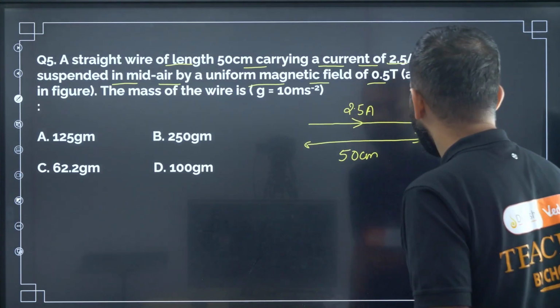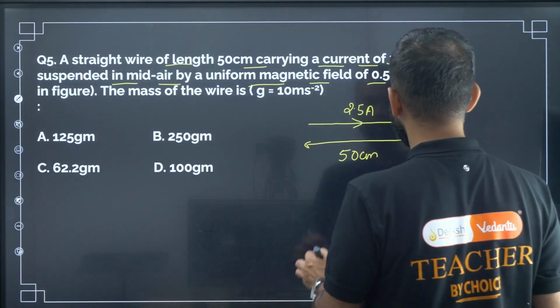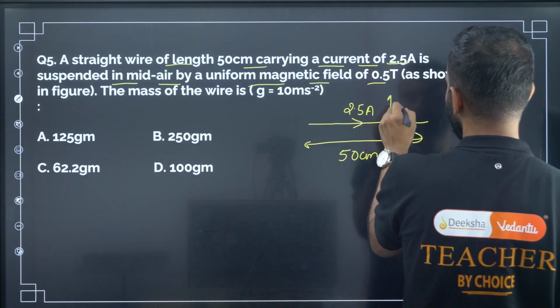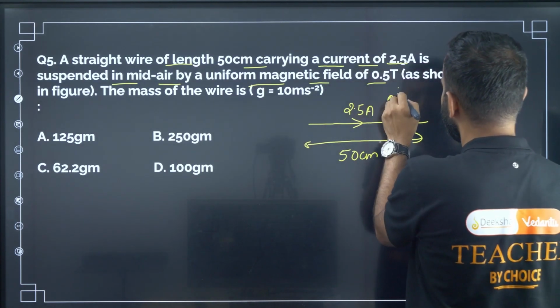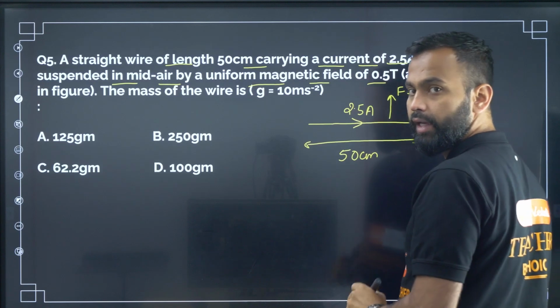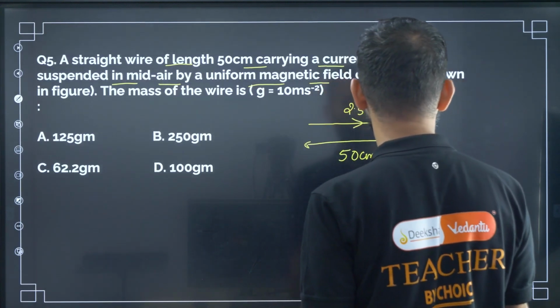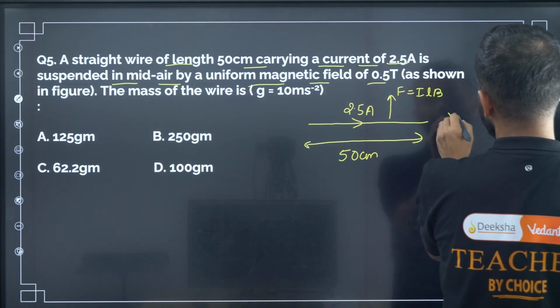Now, what is the direction of the force acting on this wire? The direction of the force has to be upward. F is equal to I into L into B. So what is the direction of the magnetic field? The direction of the magnetic field is into the plane.